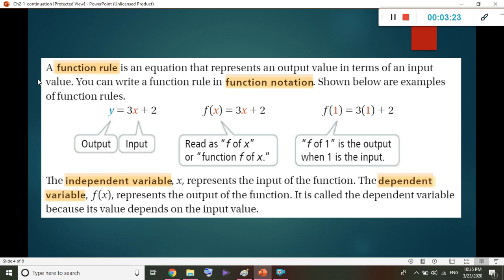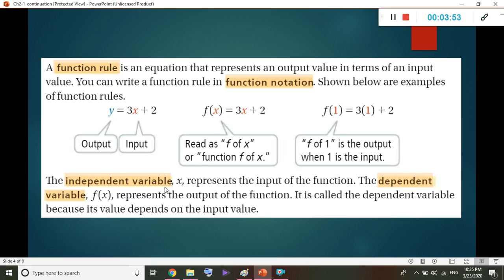When we say function rule, it's like f of x, read as f of x or function of x, equals 3x plus 1. For example, if I told you x equals 1, it means f of 1 for this equation equals 4, and we just substitute 1 for x to find f of x. Again, f of x is the output, which is y.